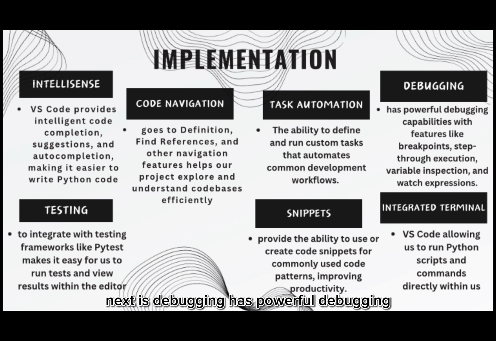Next is debugging, which has powerful debugging capabilities with features like breakpoints, step-through execution, variable inspection, and watch expressions. Then is task automation, the ability to define and run custom tasks that automate common development workflows. Last is snippets, which provide the ability to use or create code snippets for commonly used code patterns, improving productivity.